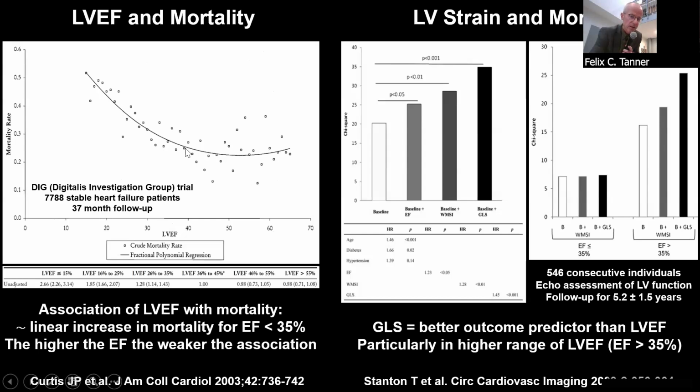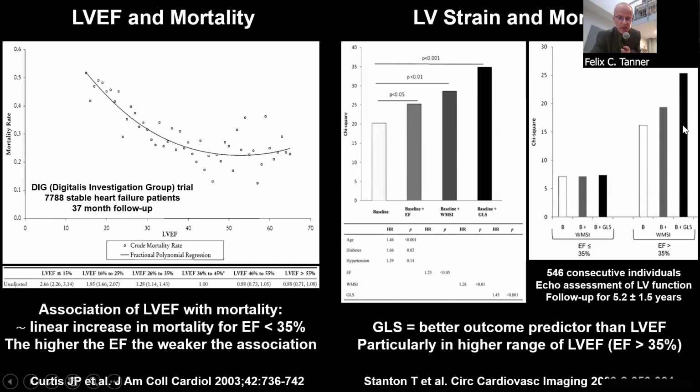But above 35%, there is no clear relationship. This is just a nice example for that, in almost 8,000 patients. But you see that in many different publications as well.